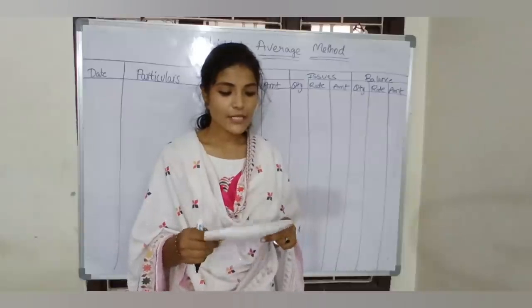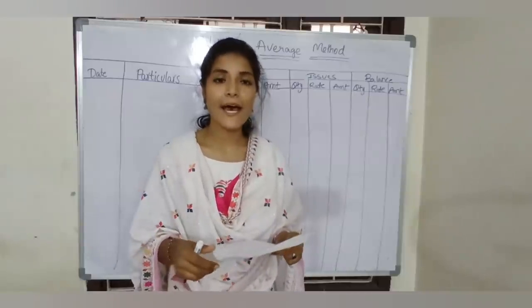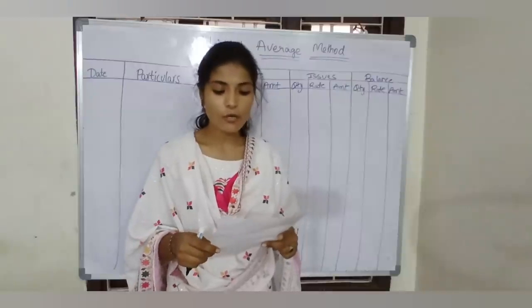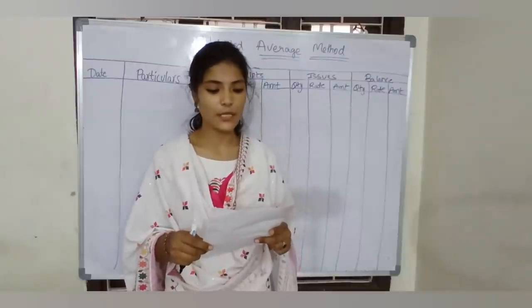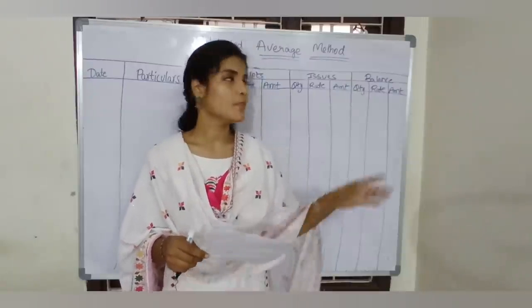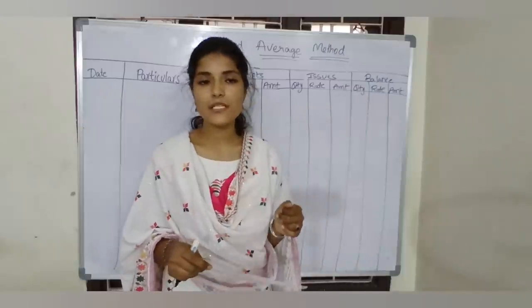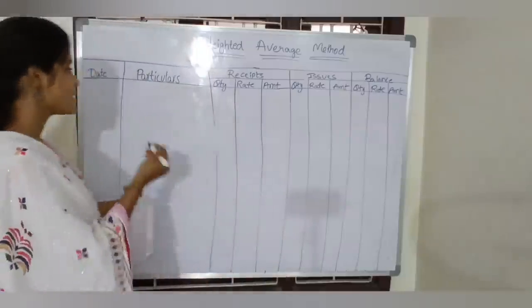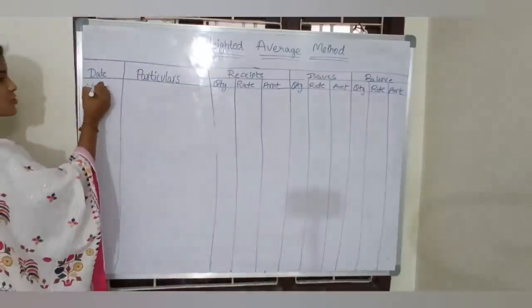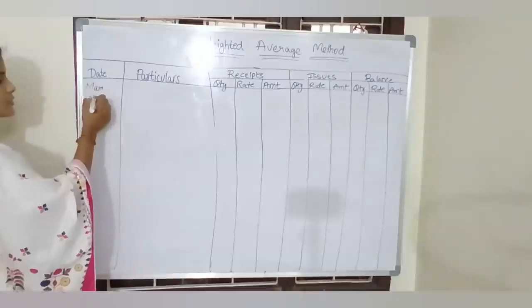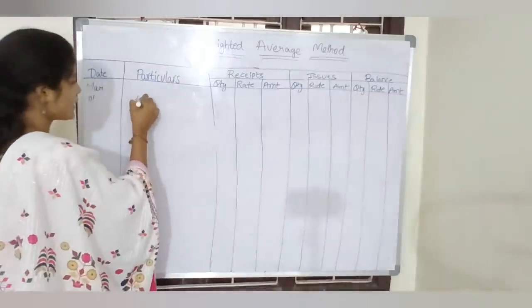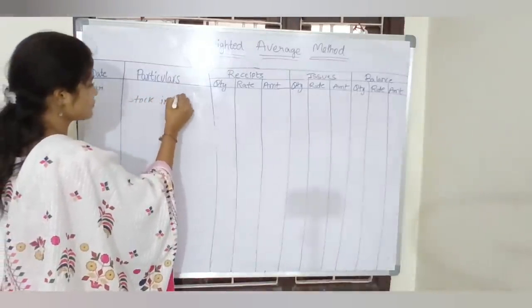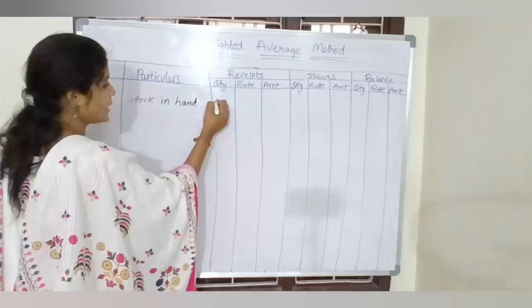The first thing they have mentioned is stock in hand. Stock in hand on 1st March 2019 was 800 units. It means in your godown you are having a stock of 800 units. So we write it: March 1st, stock in hand, 800 units.